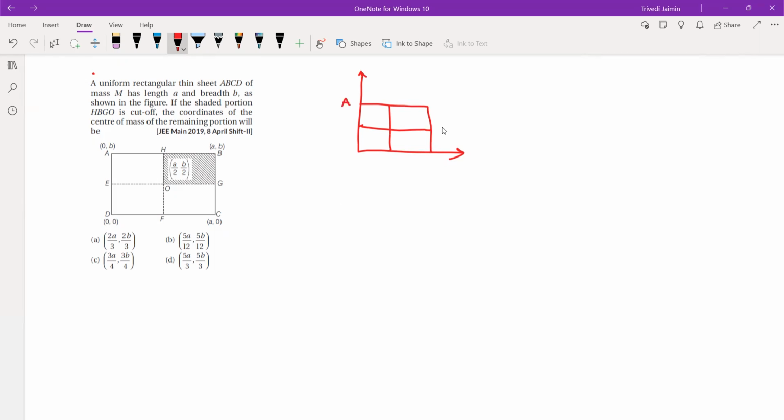So A, C, D. Okay, so they gave A by 2 as this one. So this distance is A. This distance is B. So this is AB.